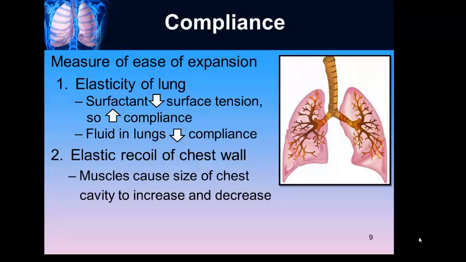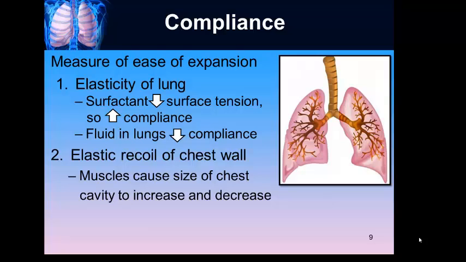There is an optimal range of compliance, below which there is decreased compliance, for example with the fluid in the lungs, and above which there is increased compliance, for example due to destruction of alveolar integrity. In other words, compliance is not a simple linear arrangement, from less being bad to more being good.